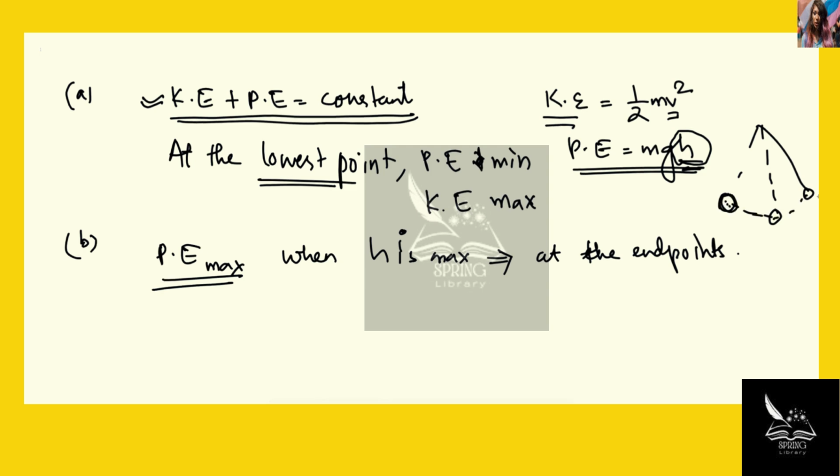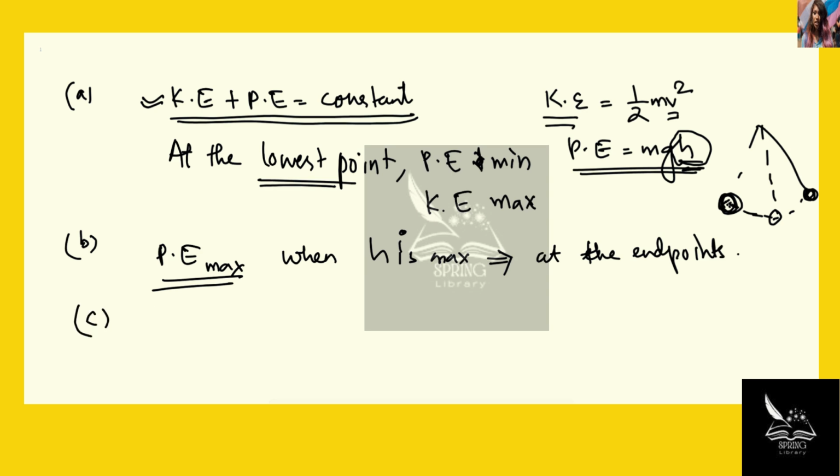So at these two endpoints, the pendulum bob momentarily comes to a stop and then again moves in the other direction. Therefore, you can say that at those extreme two points, the kinetic energy becomes zero for an instant. And through that way also, you can say that as the kinetic energy over here becomes zero, the potential energy becomes maximum in order to conserve the total energy.